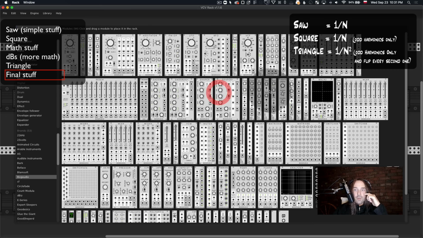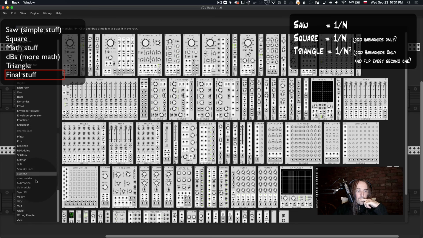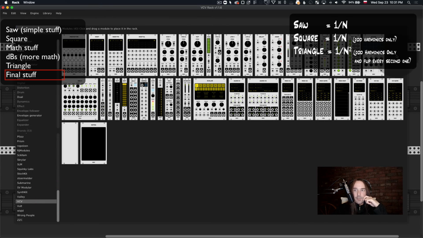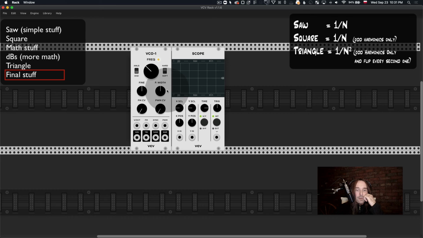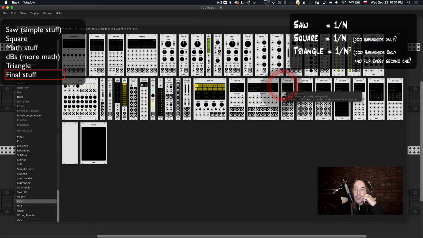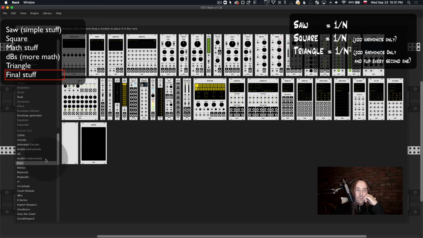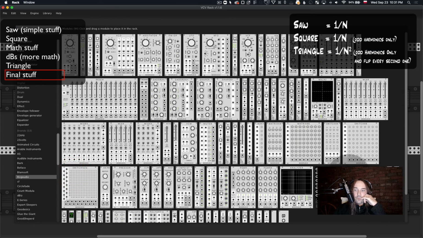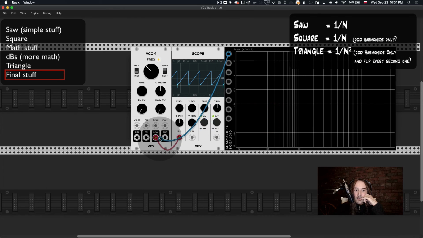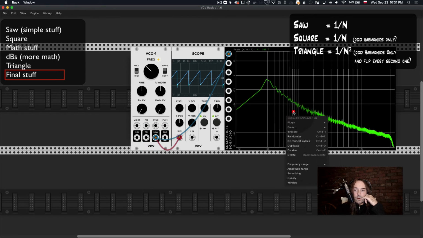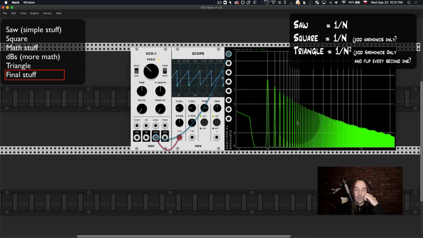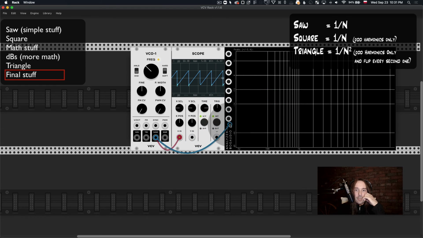As a general rule of thumb, I have too many modules, as you can see. All right, so when you look at saw, it is the waveform with the most material to work with when we go into subtractive synthesis. So remember that this is the richest waveform you can imagine.